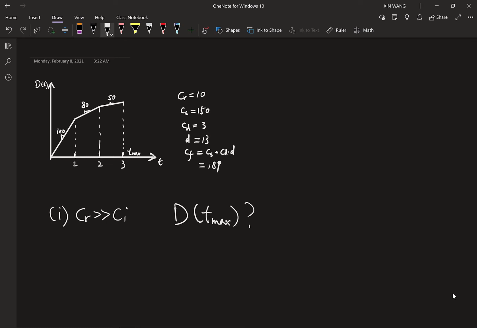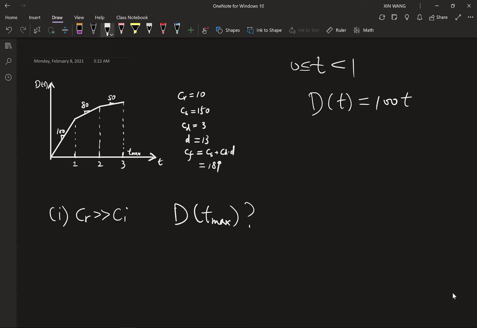So we can derive the expression for d(t) based on the 3 pieces. If we write the 3 pieces rigorously, we can have this expression. Let's see the first piece. When t is greater than 0 and smaller than 1, the gradient is 100. So we immediately have d(t) equals 100t.